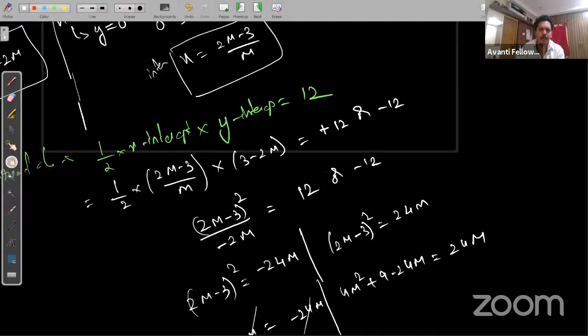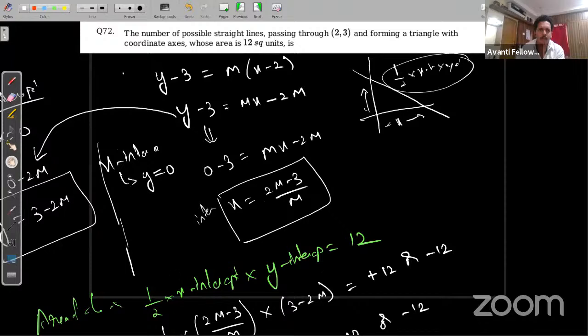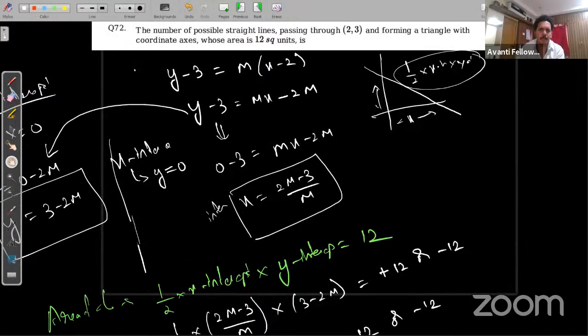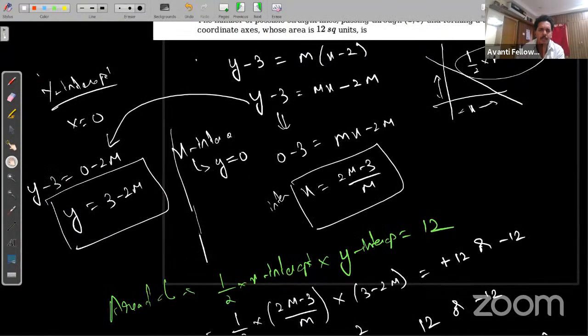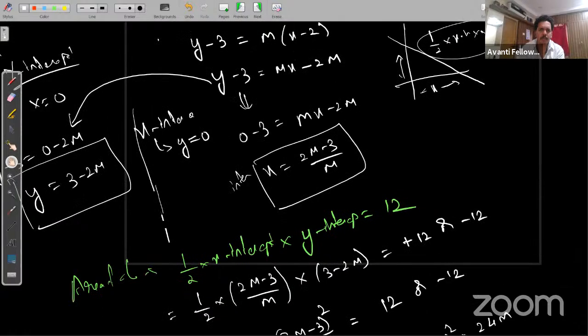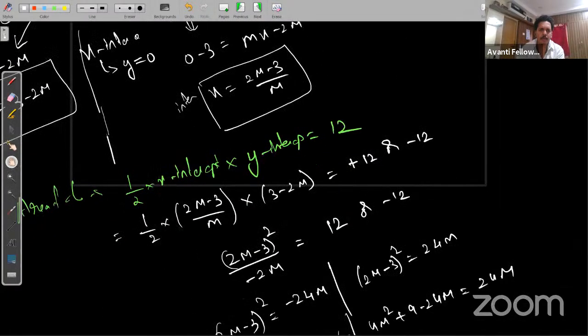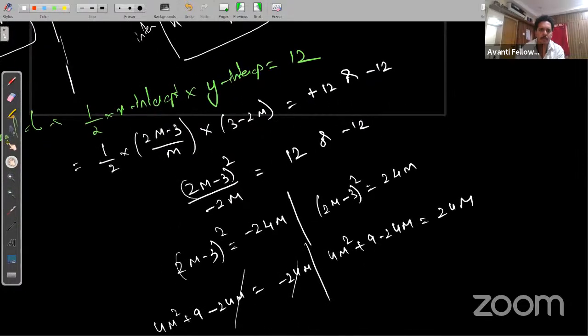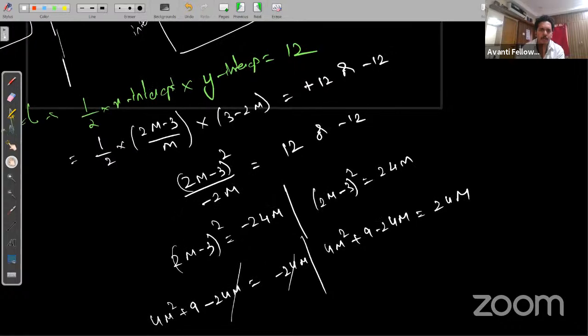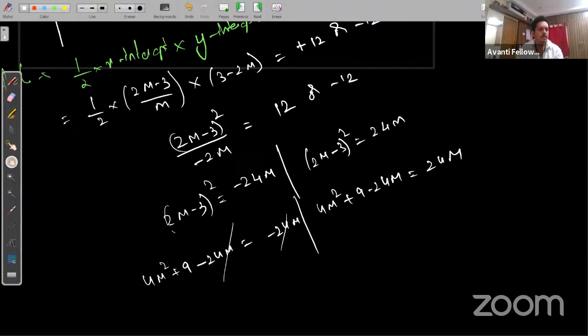So it is half into the x-intercept, which is (2m minus 3) by m, and the y-intercept is 3 minus 2m. 4m square plus 9 minus... yeah, exactly.